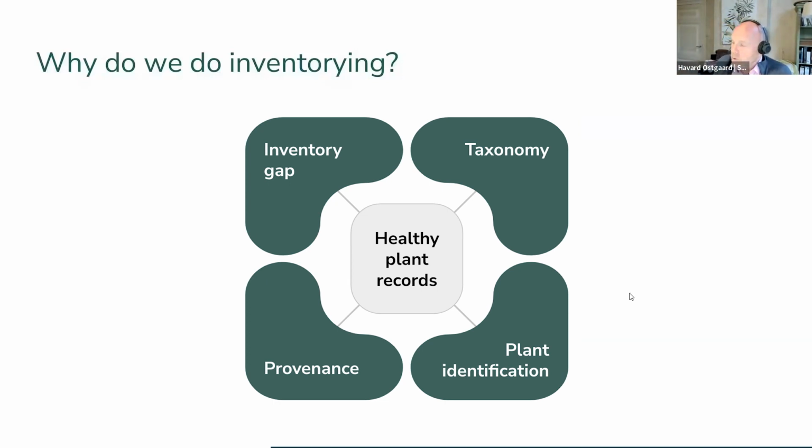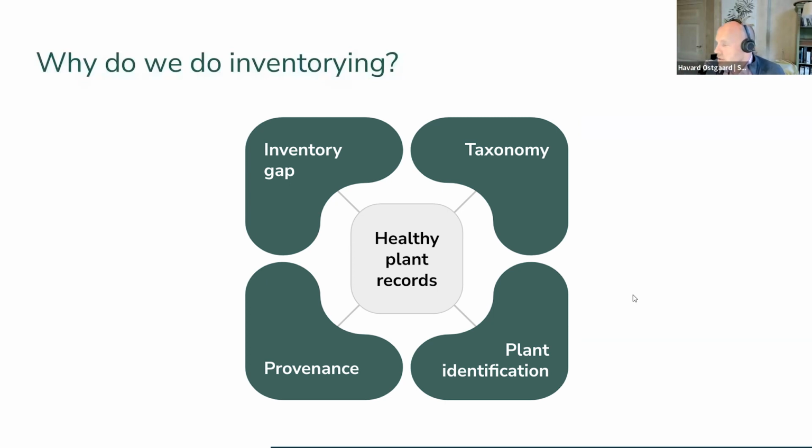In the bottom left corner, provenance. Here we talk about provenance in the broader context of where you got the plants from. This is particularly important for wild collected material that has research or conservation potential. But if you lose the information about where it was collected, the location for example, then you lose the value of that material, and the plant suddenly becomes less valuable.